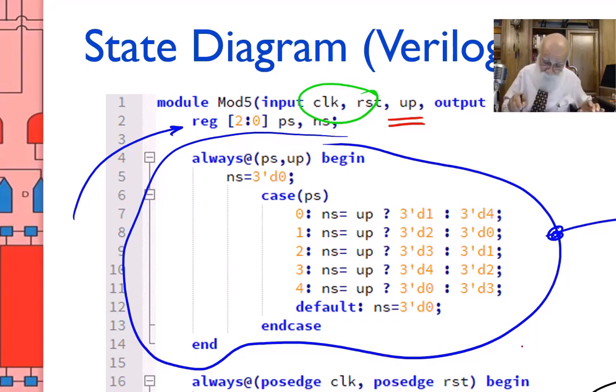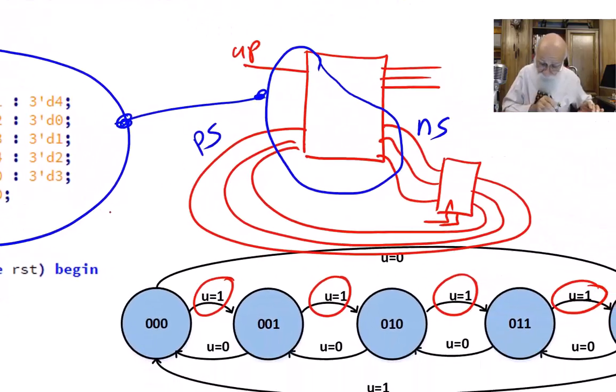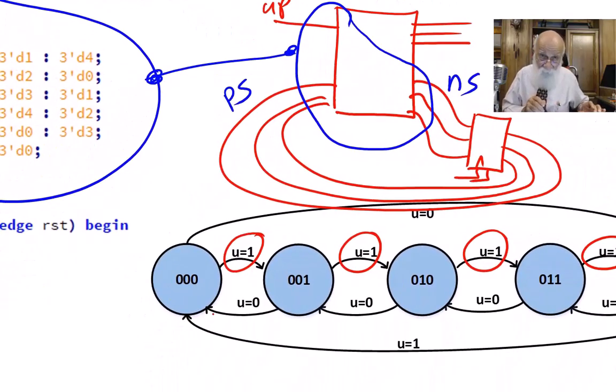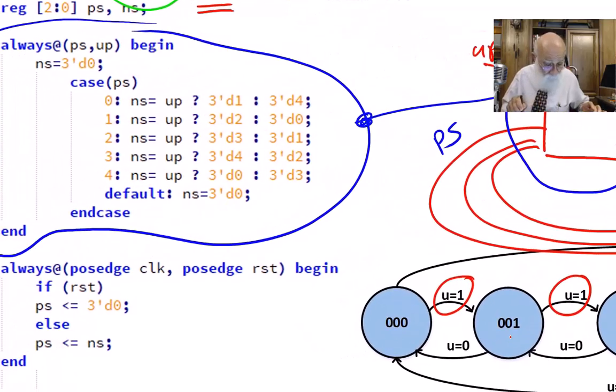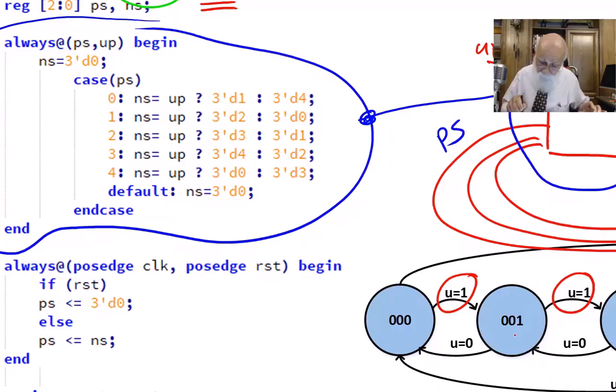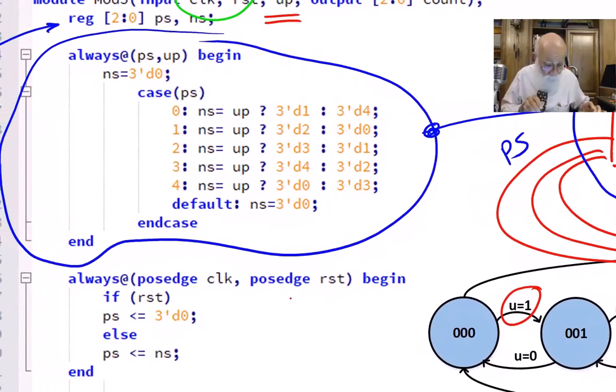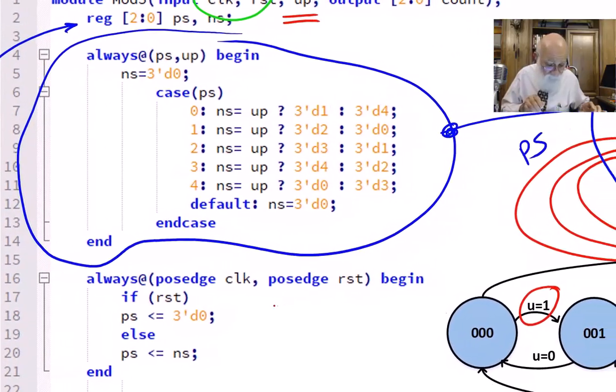Okay, let's look. When I'm in state 0, if up is 1, I go into 001.